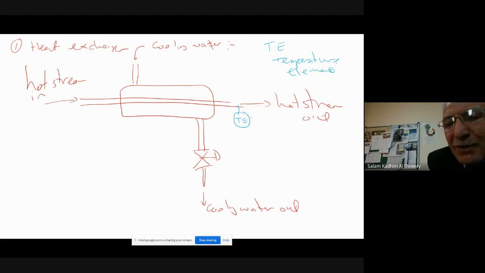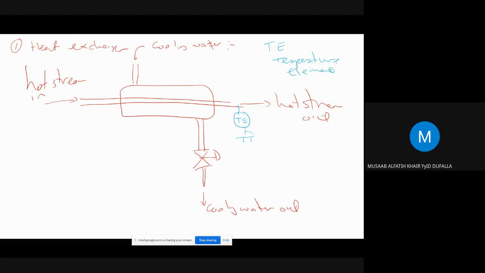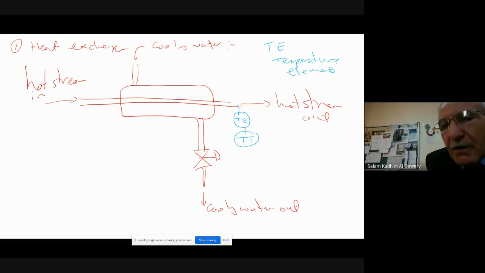That temperature element sends the signal to what we name the temperature transmitter. Doctor, it's like the sensor, right? Yes, this is the sensor, and this is the temperature transmitter. The transmitter sends the signal of the sensor.